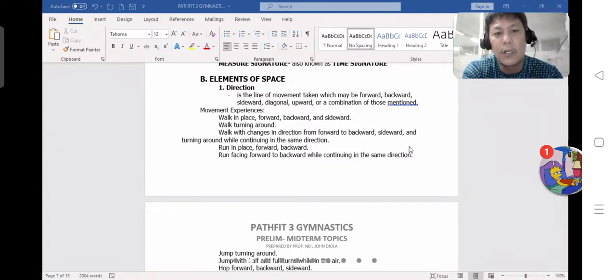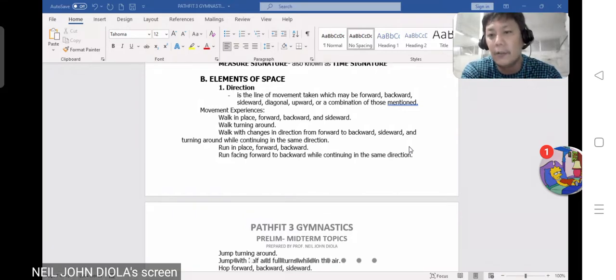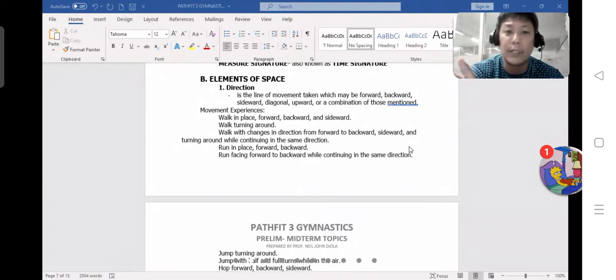The direction is the movement within your choreography. So there is forward, backward, sideward movement. We have the diagonal, upward, and the circular. When it comes to movement experiences, you can do walking, jogging, step close, and so on and so forth.